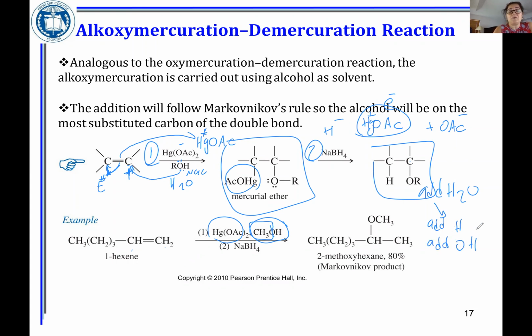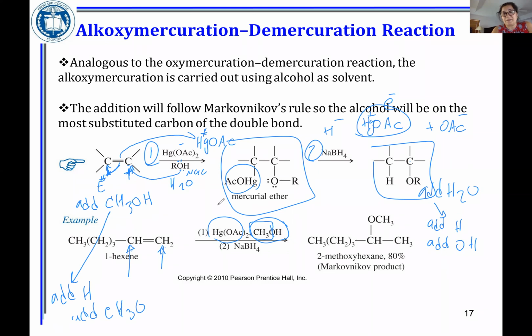When you are adding alcohol, when you add CH3OH, it means basically that you add H and add CH3O. So you are adding alcohol to this carbon-carbon double bond. Hydrogen will be added to one carbon, and the CH3O will be added to the other carbon.